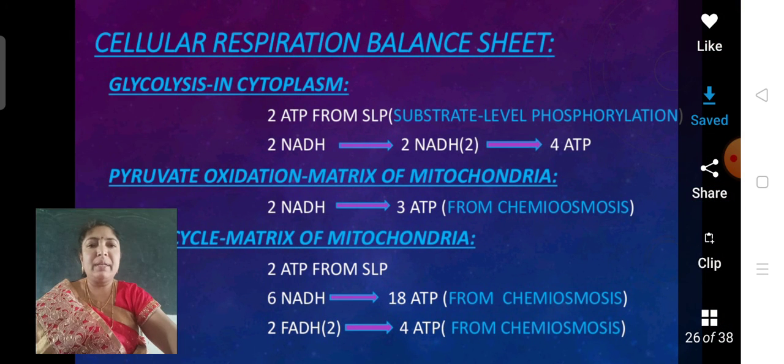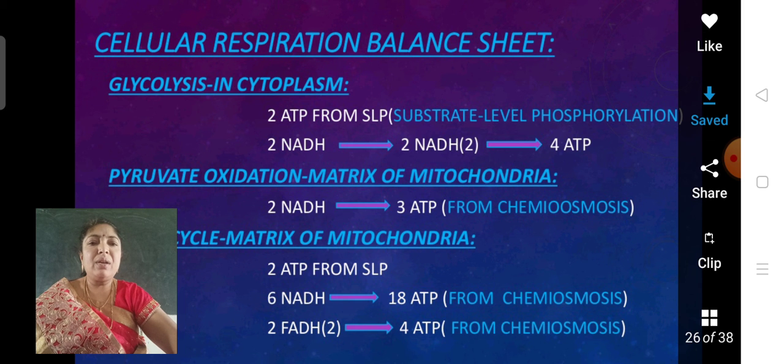So the cellular respiration balance sheet consists of the following. In glycolysis 2 ATP are formed, and from the NADH 2 more ATP, that is 4 ATP are finally formed, of which 2 ATP are utilized. The net result is the formation of 2 ATP.